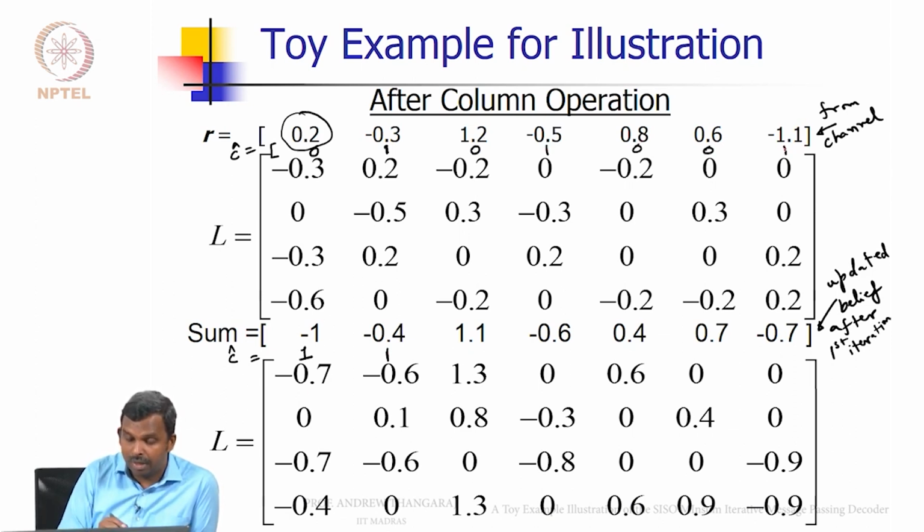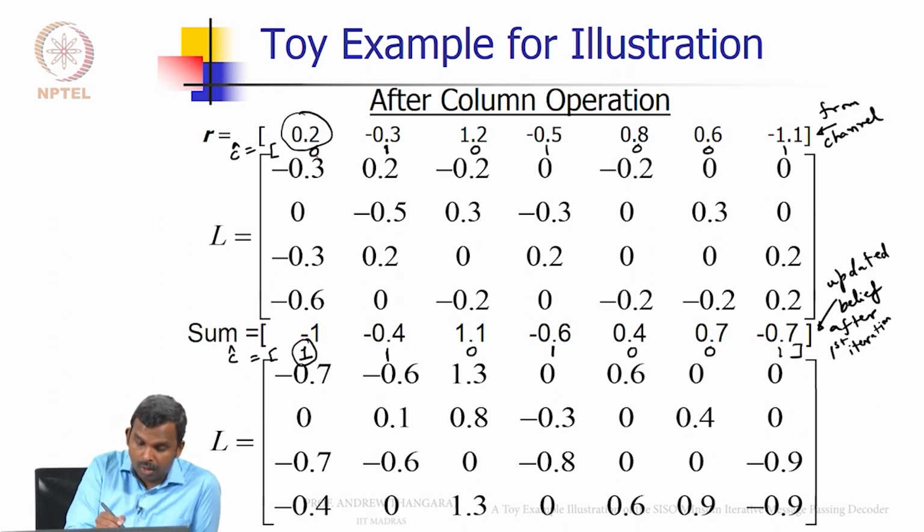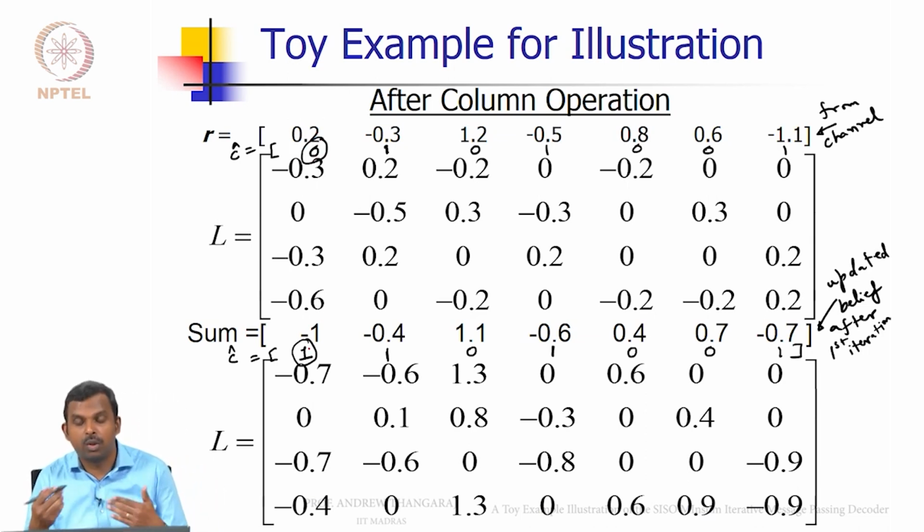The C cap after the first iteration became 1, 1, 0, 1, 0, 0, 1. There was one bit which got flipped. This bit got flipped. You can see why that has happened. 0.2 became minus 1. So, because of your decoding this has happened.